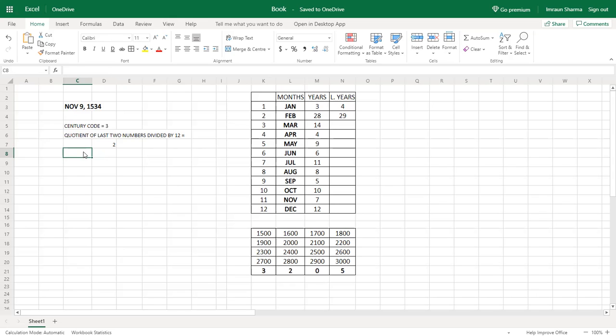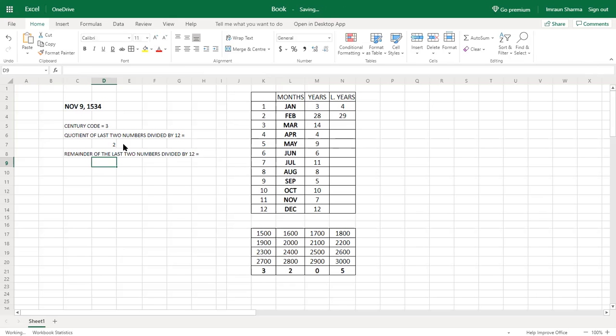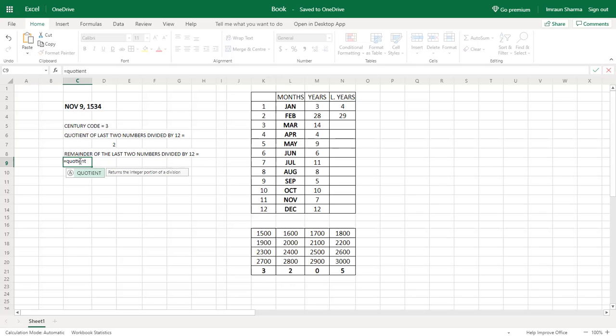Now the next number that we need is the remainder of the last 2 numbers divided by 12. So this is basically a form of the remainder of what we divided last time.